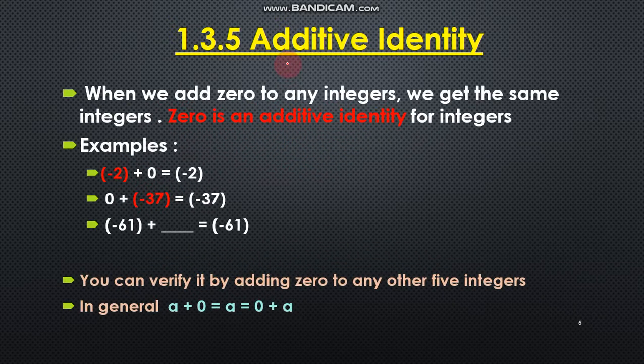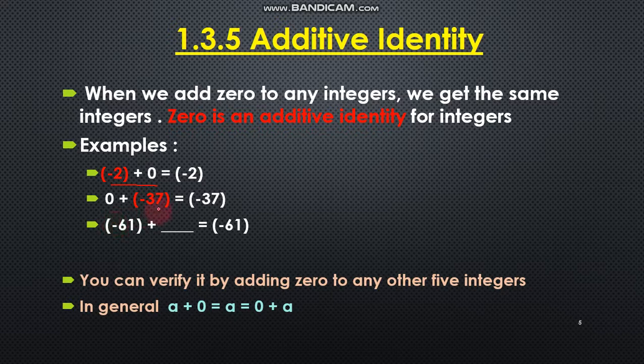So what is this additive identity? It is somewhat the same as the multiplicative identity, but in this case we have to consider the operation of addition. So when we add 0 to any integer, we get the same integer. मतलब आप इंटीजर में कभी भी 0 ऐड करते हो तो आपको आंसर वही इंटीजर मिलता है. Like here, negative 2 plus 0, what do we get? Negative 2.